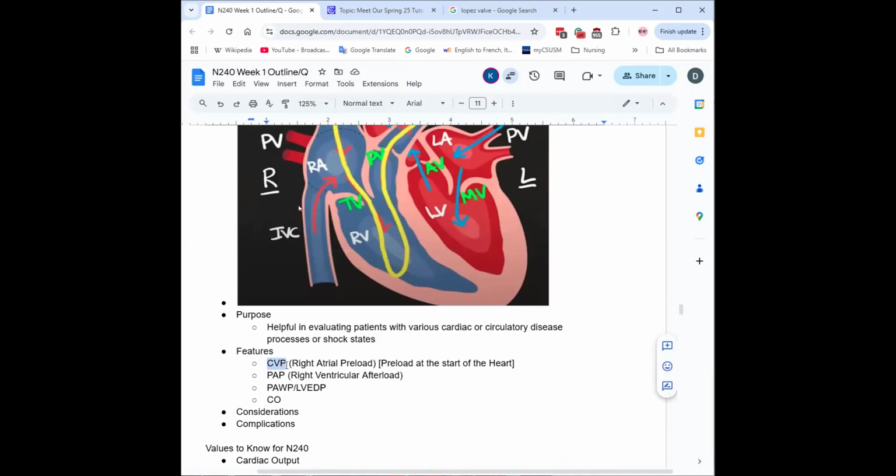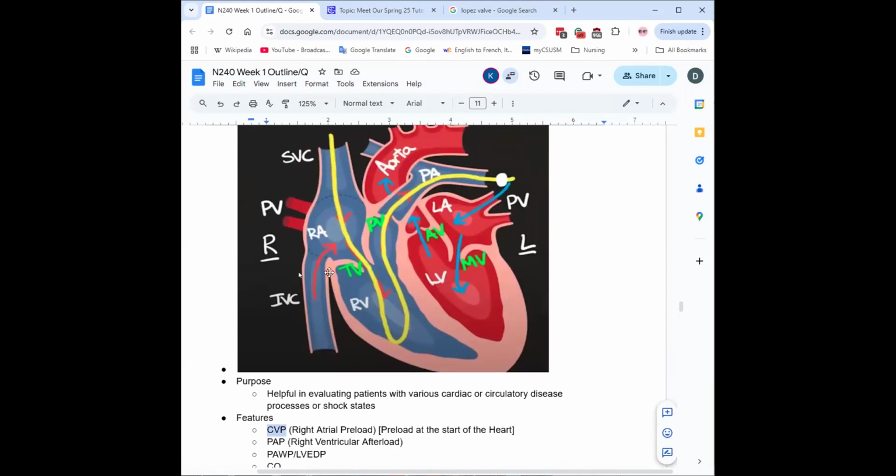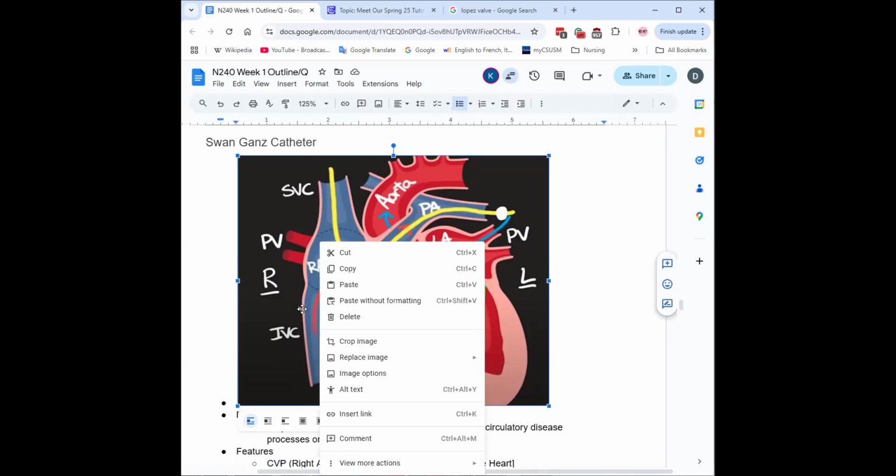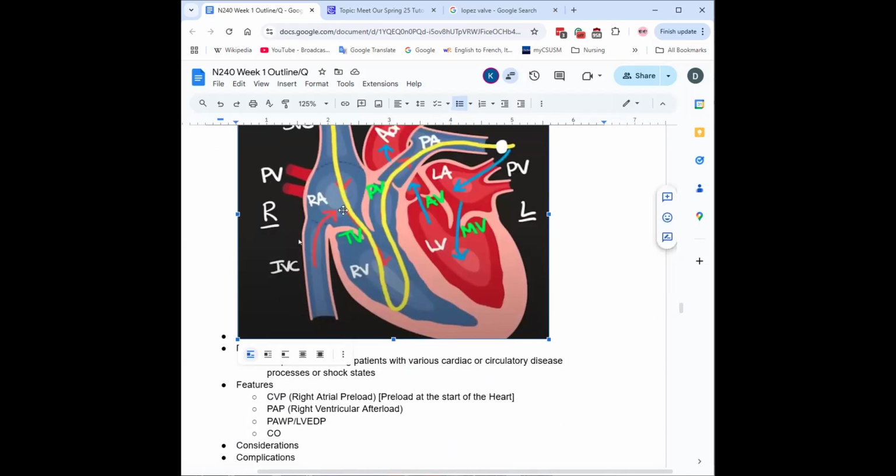So that CVP is essentially the pressure in this right side of your heart. Your pulmonary arterial pressure is essentially the pressure in your lungs. And because the right ventricle goes into the lungs, that PAP is the pressure that your heart has to fight against to make it to the lungs, which is why it's the afterload, because the definition of the afterload is the pressure needed to be beaten to make it across the finish line.